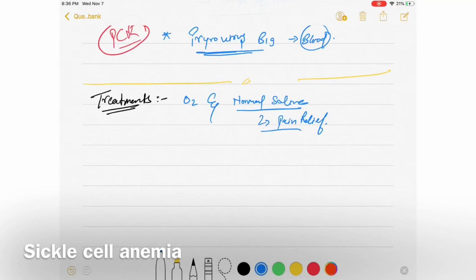But several drugs are also given for a severe crisis, when the patient can't tolerate it. We give hydroxyurea.